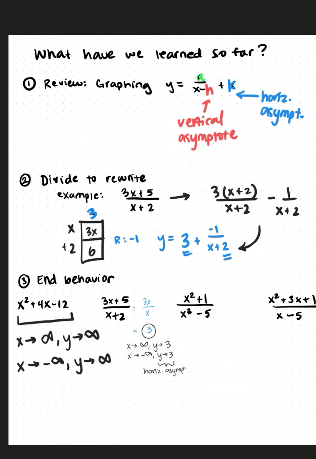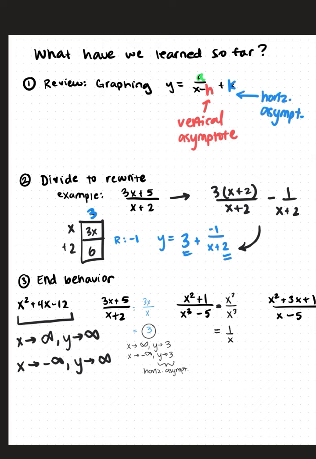You can think of end behavior in the same way as you think about those horizontal asymptotes. Let's look at another function. If we had x squared plus 1 divided by the quantity x cubed minus 5, when we're looking at end behavior, remember we're just going to look at the largest term in both. That's what affects things the most at the ends. So we end up with x squared over x cubed, which is really just 1 over x.